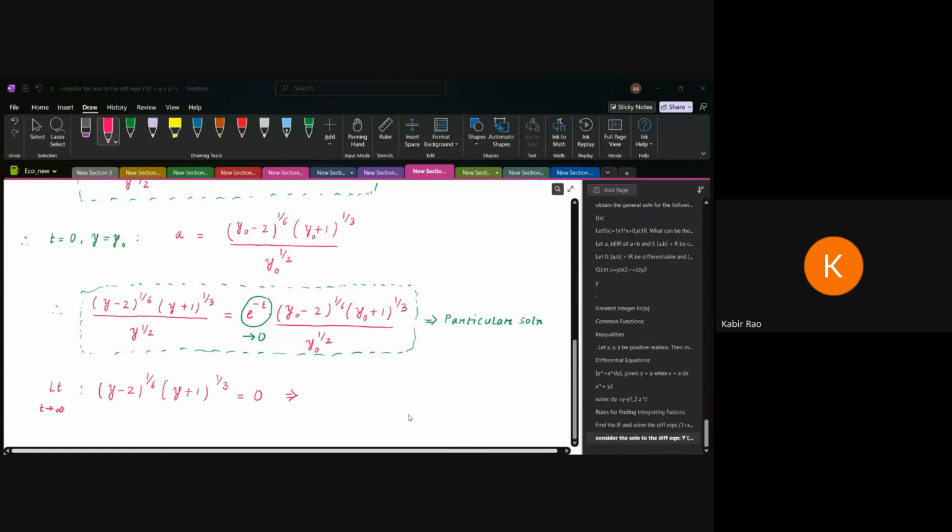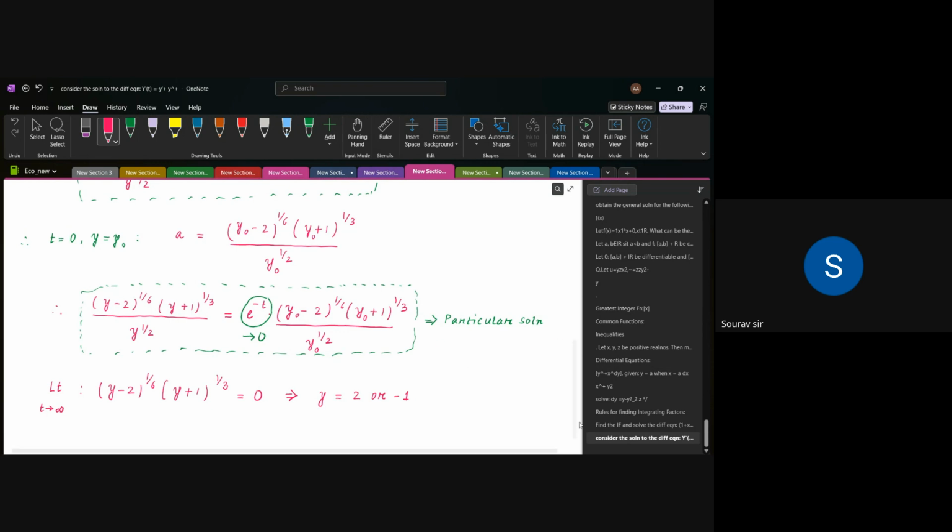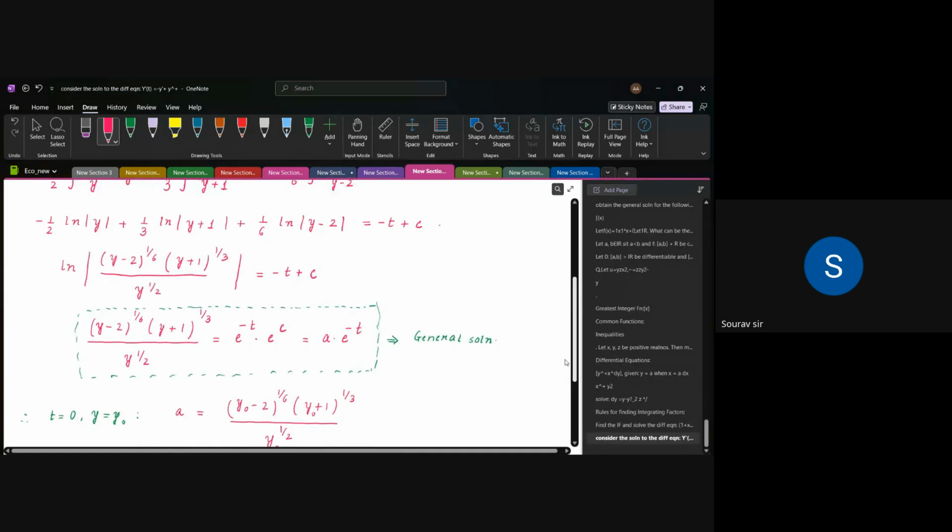The factors have to be zero. So y would be 2 or y would be negative 1. 2 or, sorry, what was the other value? Negative 1. So 2 or minus 1. So which option is matching?